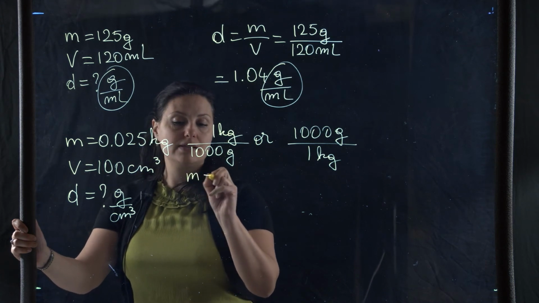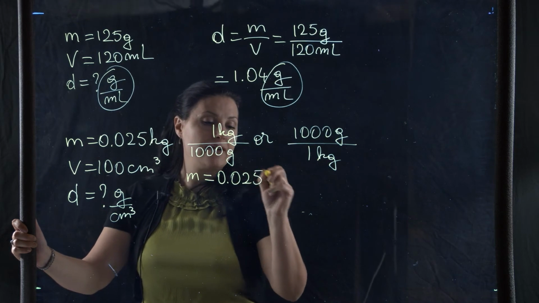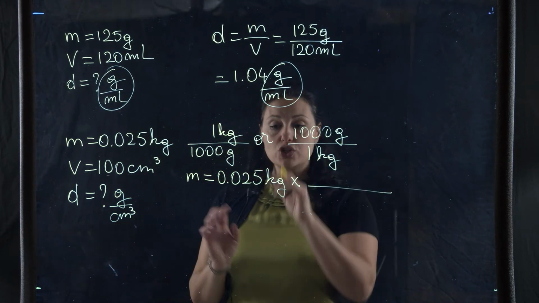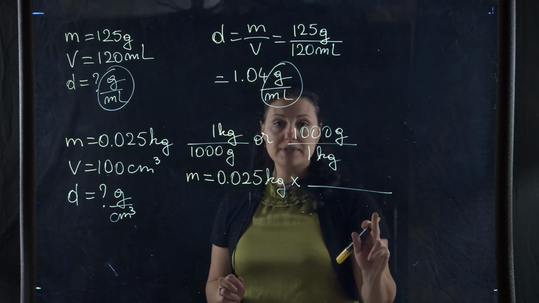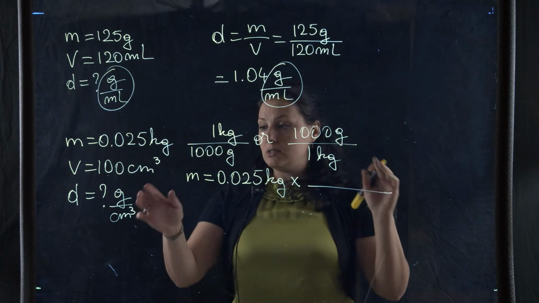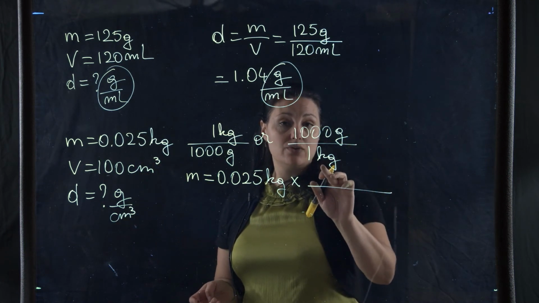So my mass is equal to 0.025 kilograms. Now, I want a conversion unit that will put the kilograms at the bottom and the grams on the top because I want the mass to convert to be in grams, and I want to get rid of the kilograms.